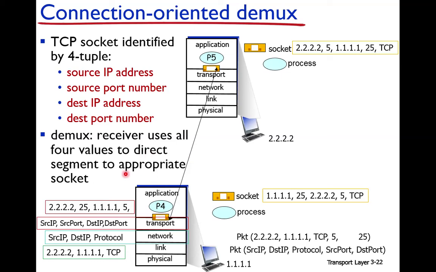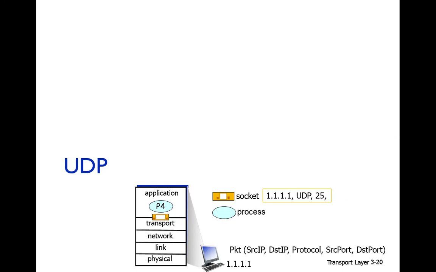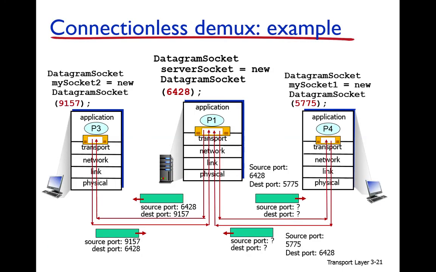This is the difference. In UDP, we have seen that a socket can receive data from multiple sockets. You can see that this socket can receive from P1, and it can receive data from P3 and P4 both. Why? Because in UDP, the transport layer only checks the destination port number, nothing else.